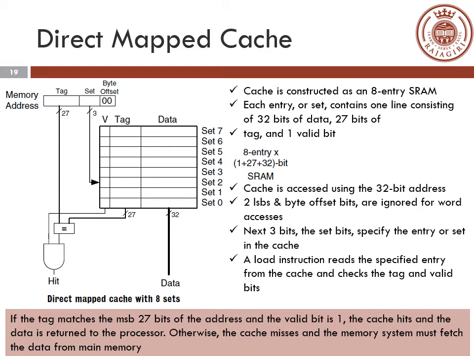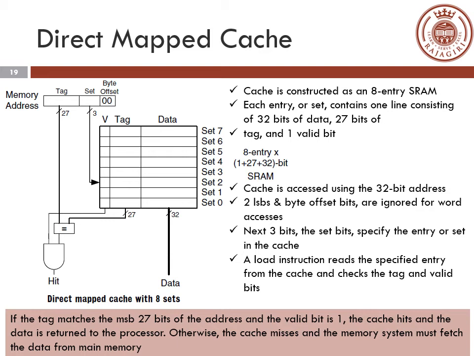Now in this example you can see a diagram of a cache memory in which 8 sets are there, starting from set 0 to set 7, along with the data. The data is a 32-bit word.